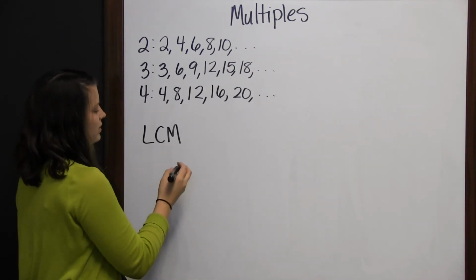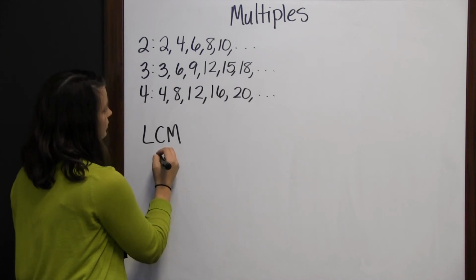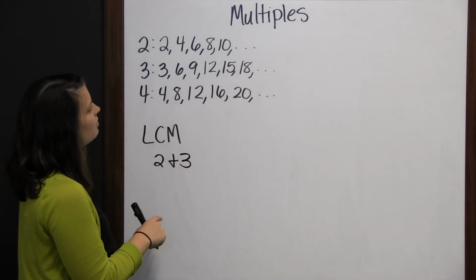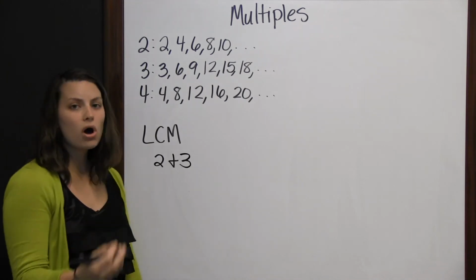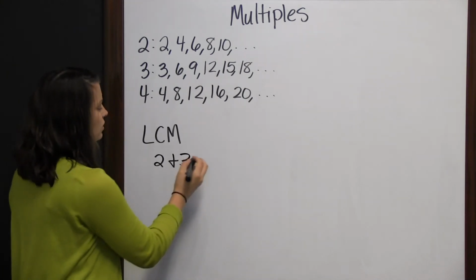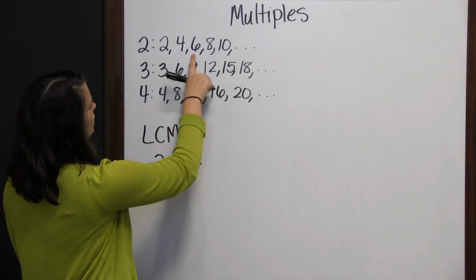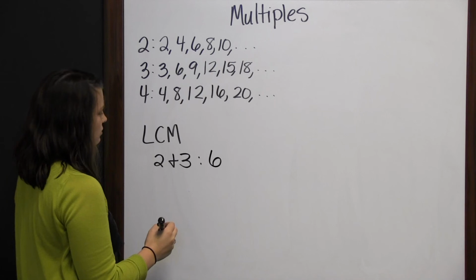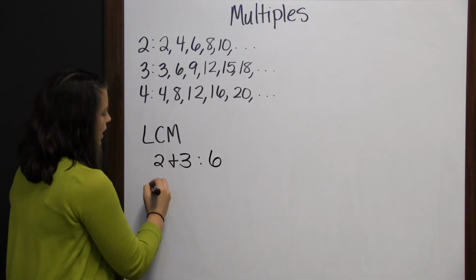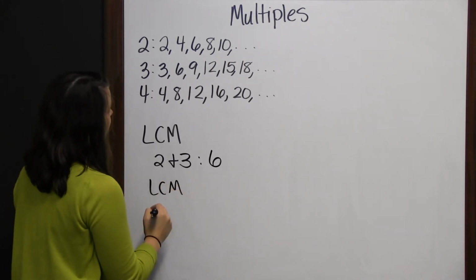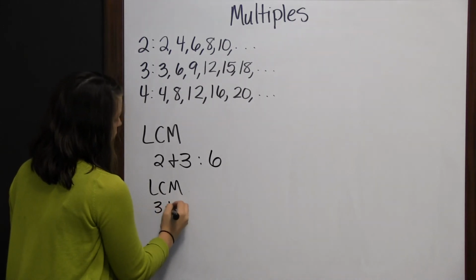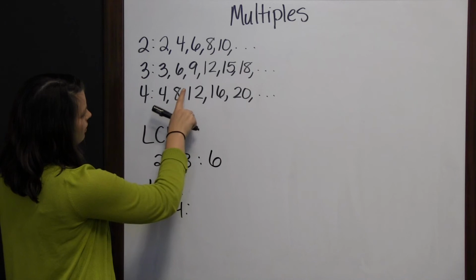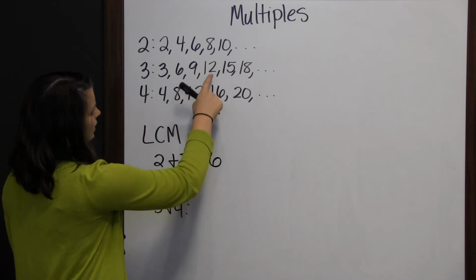So if we wanted to find the LCM of, let's say, 2 and 3, the least common multiple of 2 and 3, so the smallest number that 2 and 3 have in common, would be 6. So that's the LCM of 2 and 3. The LCM of, say, 3 and 4, the very smallest number that they have in common would be 12.